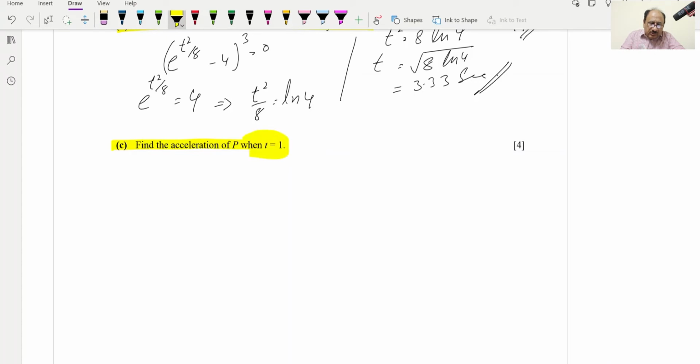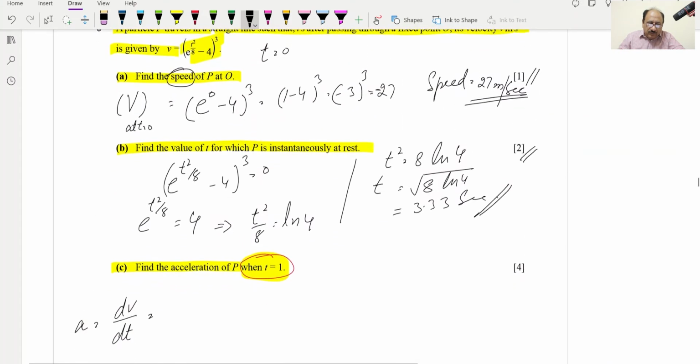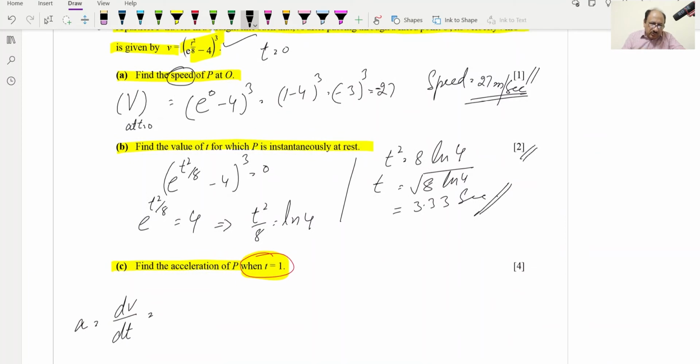So acceleration will be equal to dv over dt, and if we take the derivative of this equation, the power will be pulled down first and the rest we will write as it is, raised to 3 minus 1, it will be 2, and into the derivative of the inner portion, which is e raised to the power t squared over 8, and the derivative of the power, t squared over 8, will be 2t by 8.